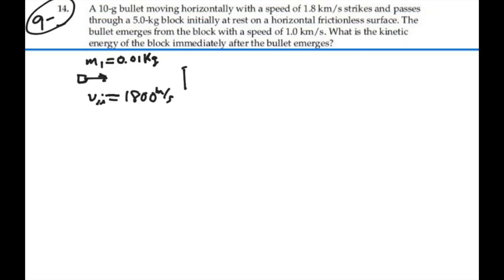It's going to encounter a block, and the mass of the block is 5 kilograms, and the initial velocity of the block is 0. So this is the way things look initially.